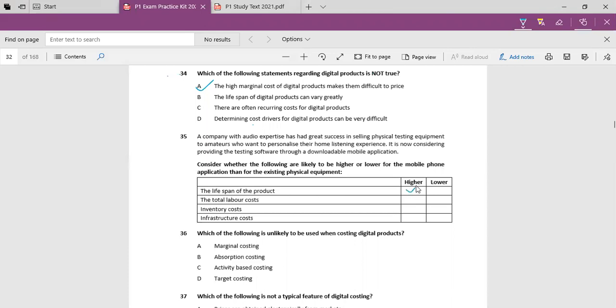The total labor cost, is it higher or lower? Ma'am, is it lower?